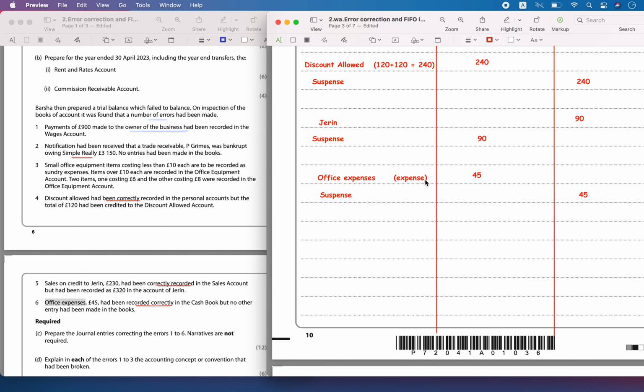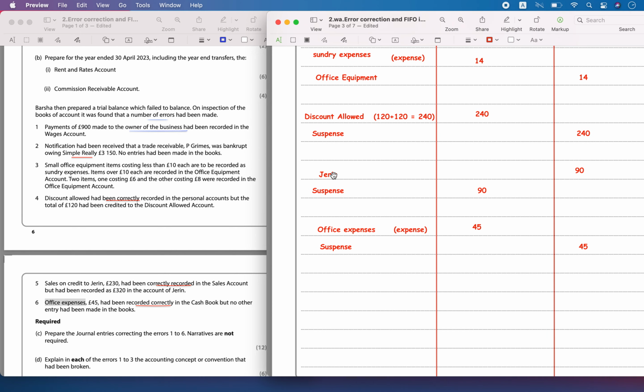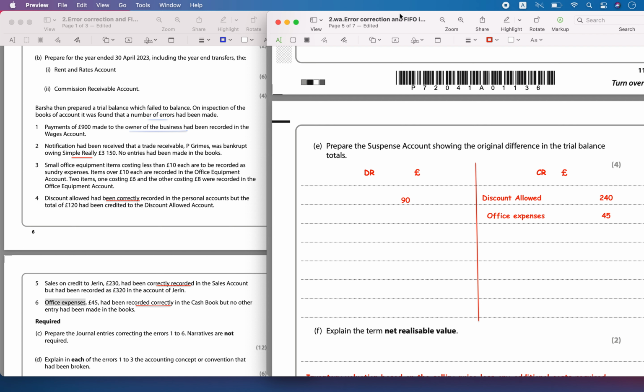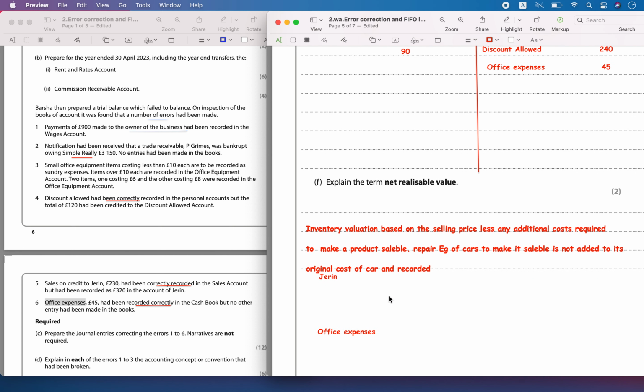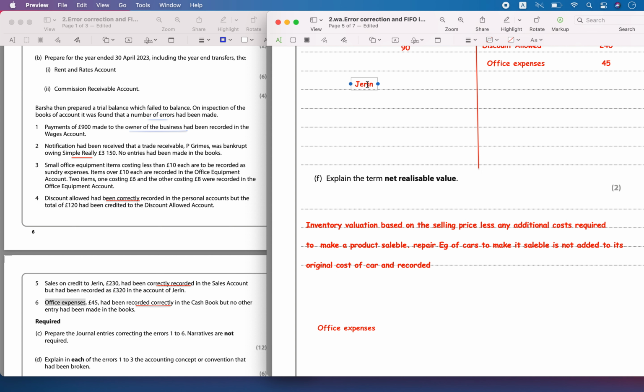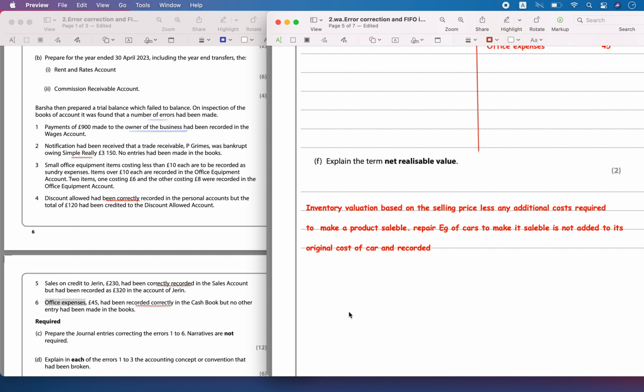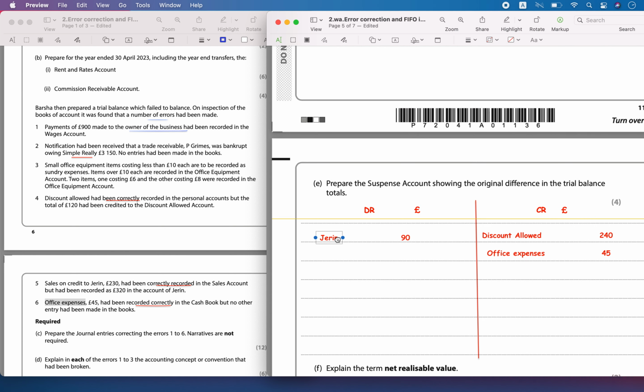And this 90 had come from the drawings account, so you will include drawings. Now we also have to put the dates. All of this has been done on 30th April 2023.